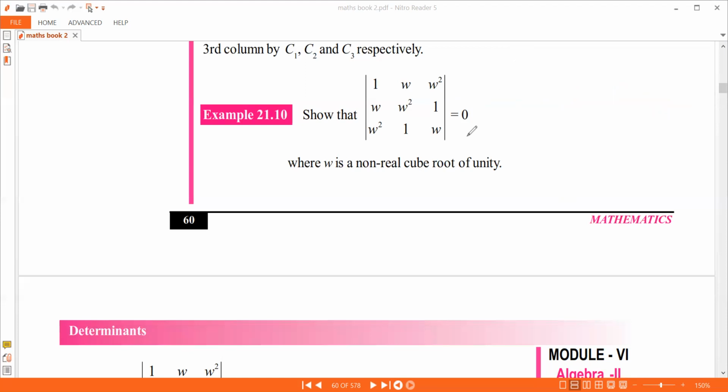So what I will do is R1 becomes R1 plus R2 plus R3. I will add the next two rows to R1. Let us see what happens. The first row: 1 plus omega plus omega square.